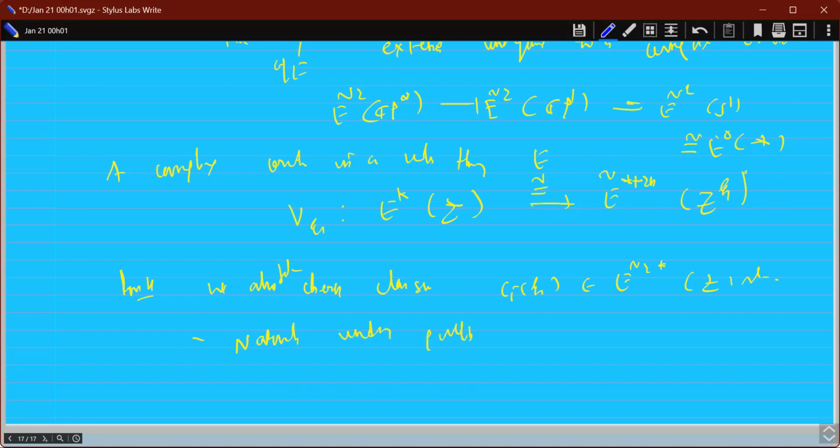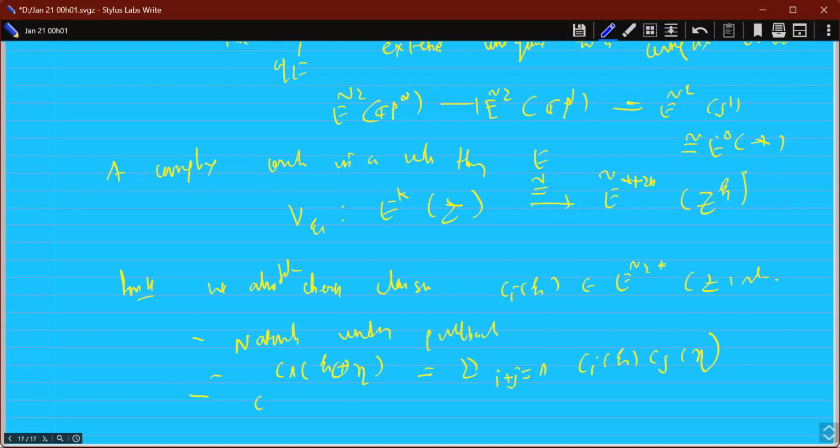You know what I mean? And the other two conditions. So this is the tautological line bundle over CP^∞.